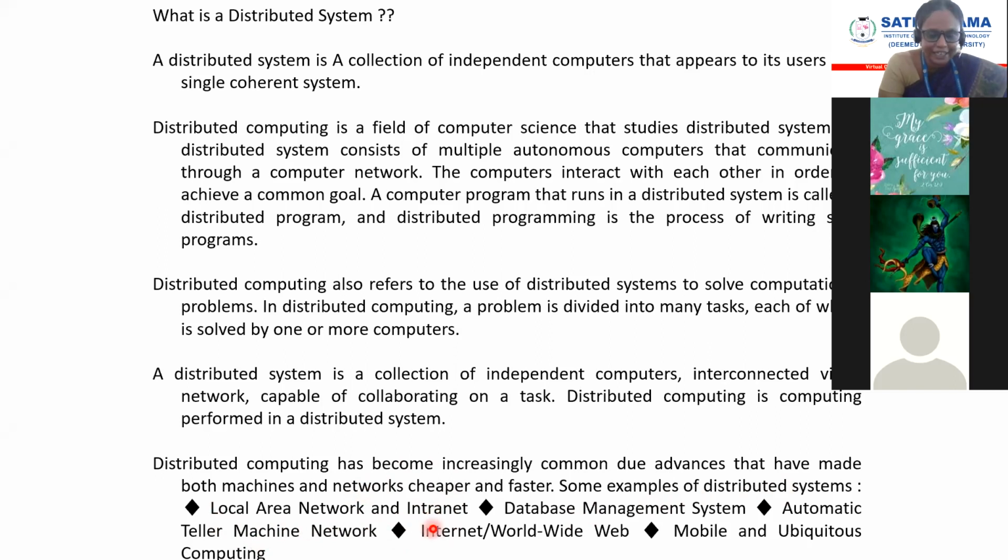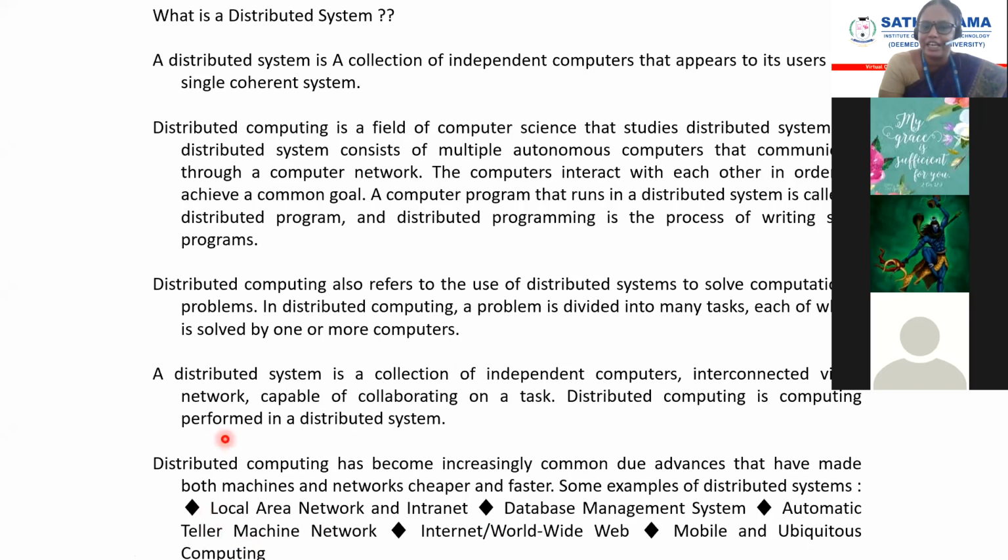The internet worldwide is also a best example of a distributed system. Mobile computing and ubiquitous computing all come under the same. Distributed system means not only linking systems alone, even mobile computing is linked through the distributed system. These are some common examples.